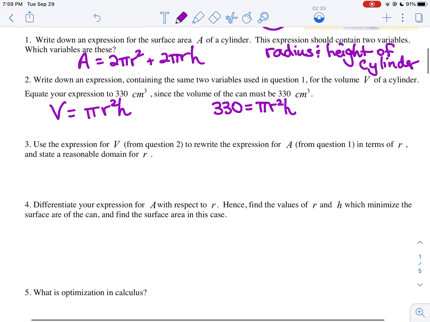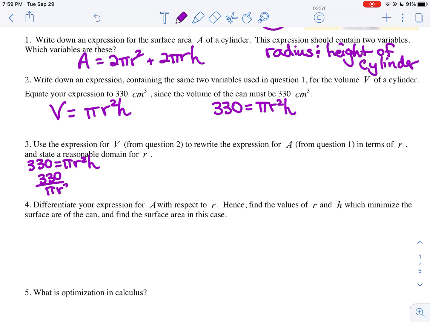Now, in number 3, use this expression for V to rewrite expression A so that it only has an r in it. So guess what I'm going to do? I'm going to solve this for h. And this is going to be a common technique we're going to use.